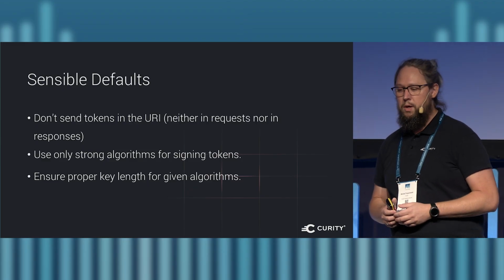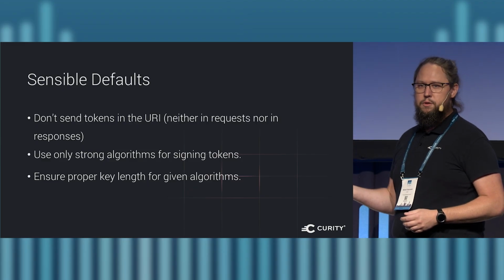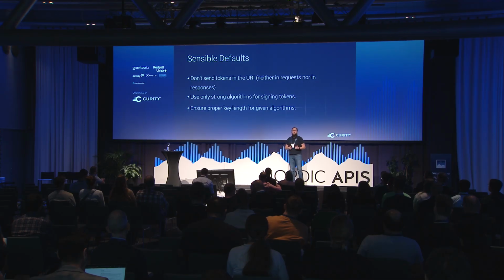Just use the code flow. And whenever you make a request to an API, always put the access token in headers, never put it in request URIs. Why? Because whenever the token is in the URI, it can easily leak into some logs, maybe browser logs, server logs, maybe some proxy logs. And if the token leaks, then it's easier for an attacker to get hold of that token and to perform an attack against your API.